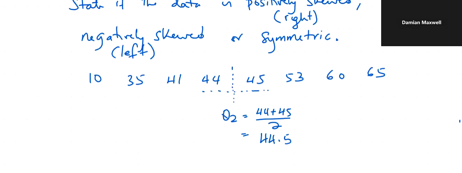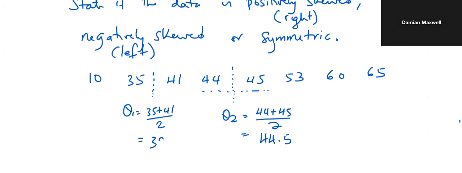Now, over here, we have 4 items. So what's the middle over here? Average these two. So Q1 would be 35 plus 41 divided by 2, which is 38.